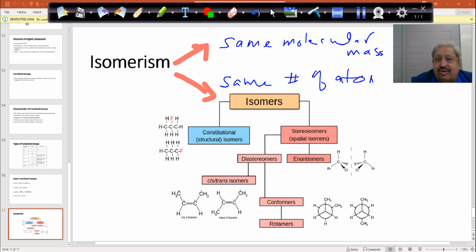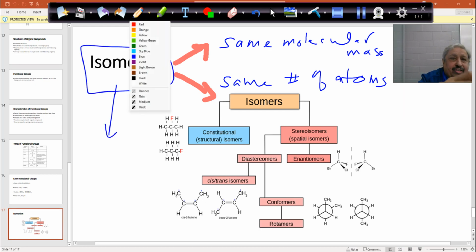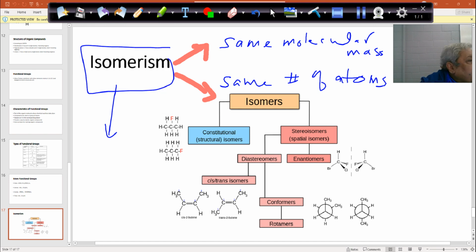So those are organic. What do they differ in? They differ in something called arrangement in space. When you start arranging the shape of this molecule in space, you create an identical compound, but the arrangement in space is totally different, correct?